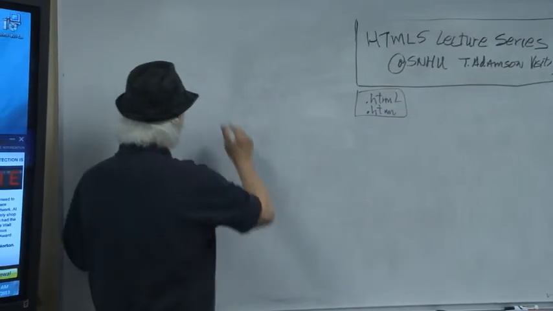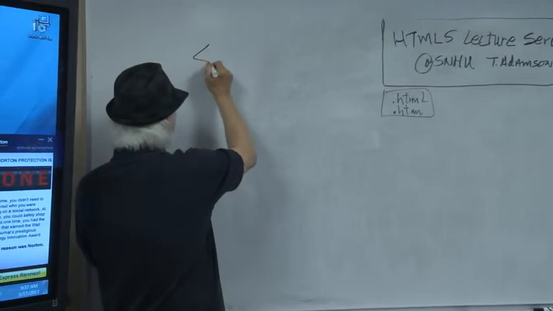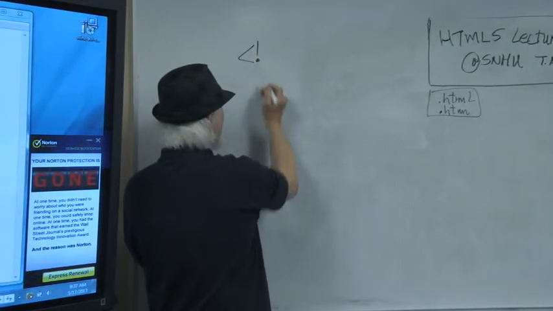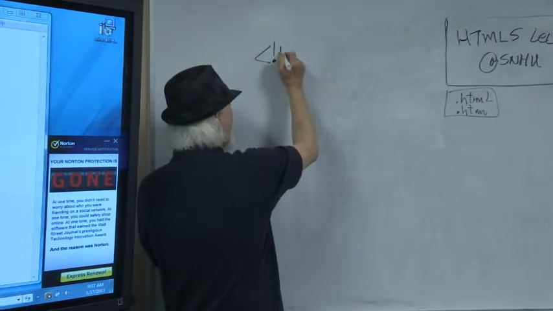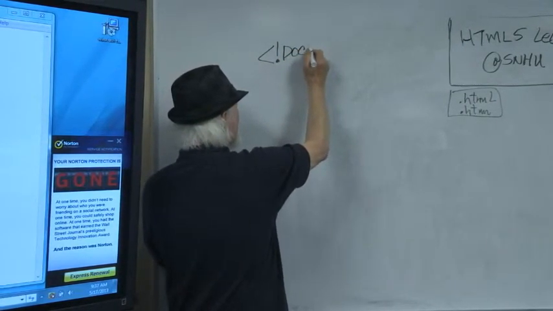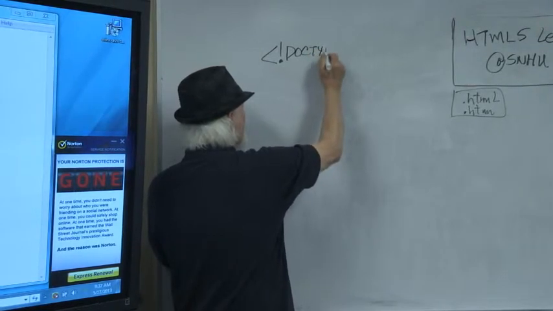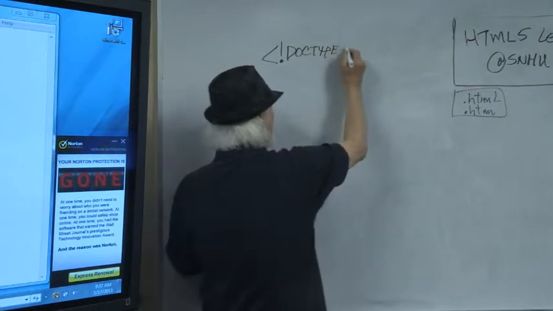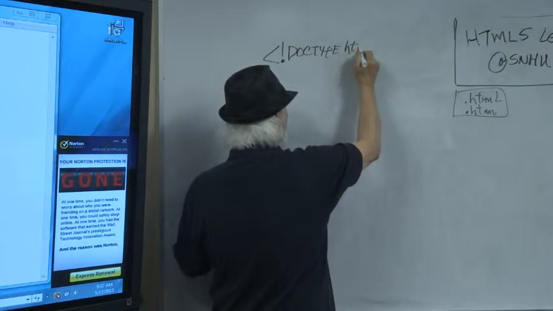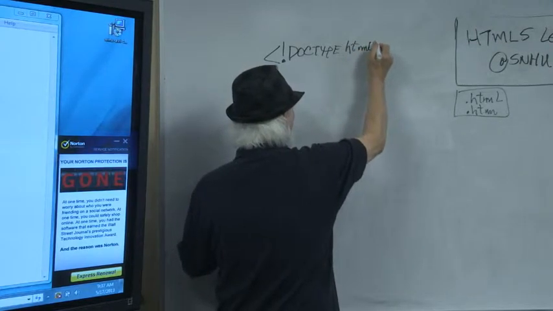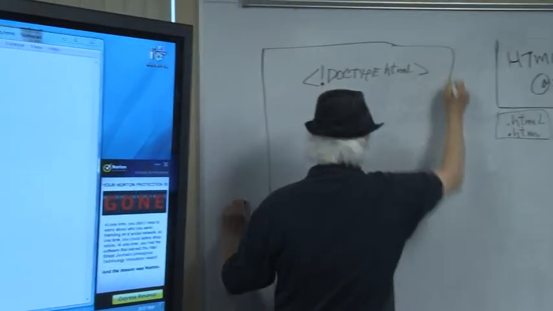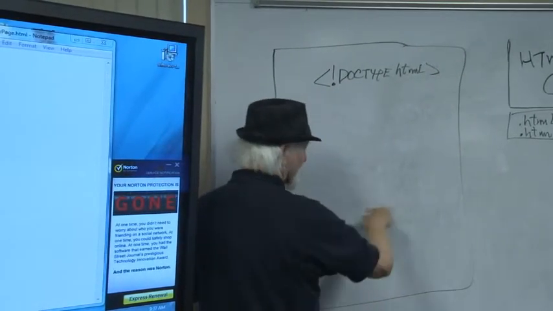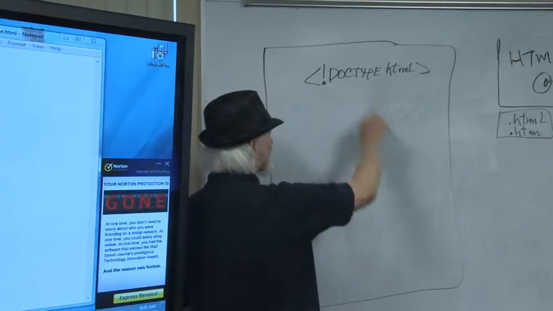So one of the first things that we'll see on the document is a less than sign with an exclamation mark, and in caps it'll say DOCTYPE, and it'll say html in lowercase. This is my document. This is what's coming to my browser to give it instructions.